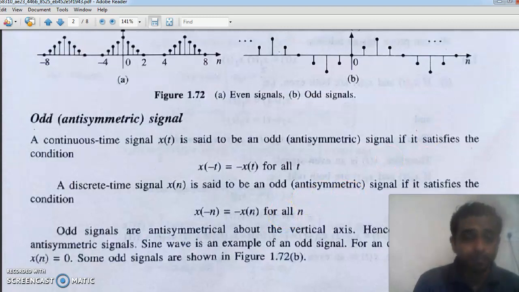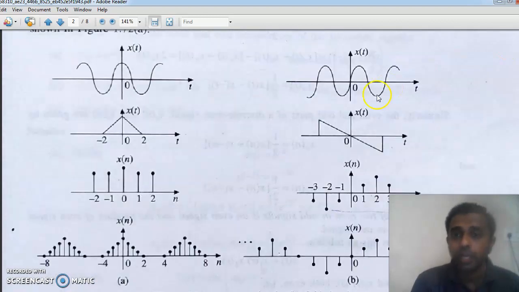And you can see the waveforms. That is, sine waves are odd waveforms. At a negative value of t, you have a negative peak, but for the same positive t value, you have the magnitude which is positive.